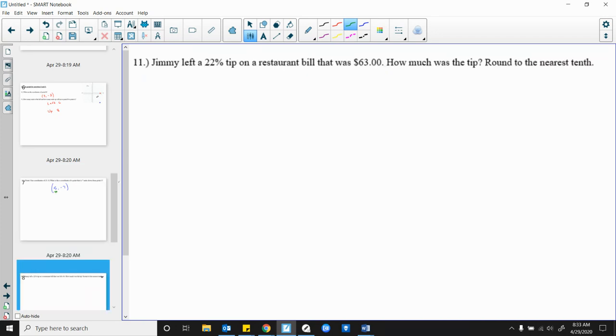Okay. Jimmy left a 22% tip on a restaurant bill that was $63. How much was the tip rounded to the nearest tenth? Okay. For a tip question, 22% is the same as 0.22.